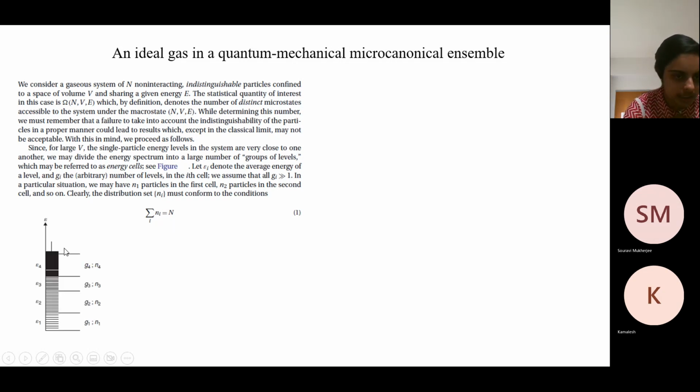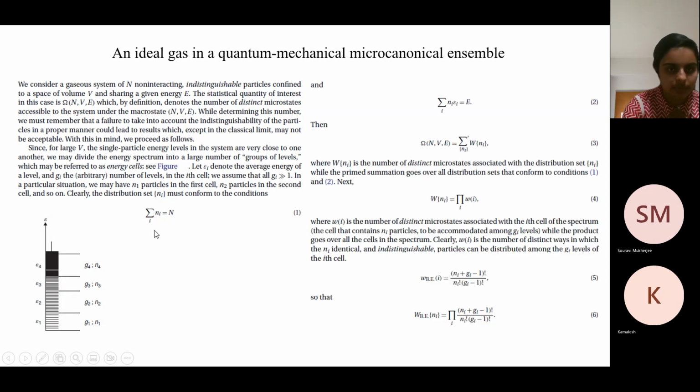If this is the first shell, all of them are energy levels with energy E1, and the degeneracy is g1, and then you have n1 particles in this shell. Similarly, you have the other particles in the other shells, right? This is the distribution that is given to you, and this is the condition that the system satisfies.